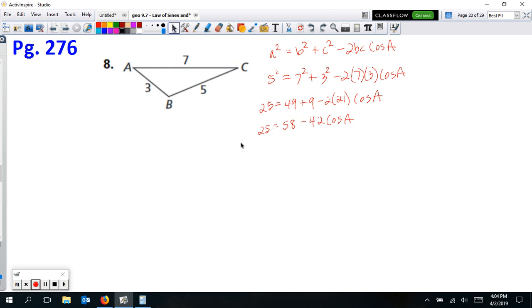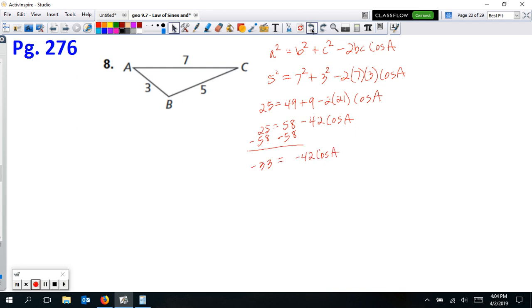So at this point, this is kind of like an equation as we're starting to simplify this all out. Because here's your variable. The cosine is like your x. So if you pretend this is like x here, we got to move the 58 to the other side where 25 is. So I got to subtract 58 from both sides.